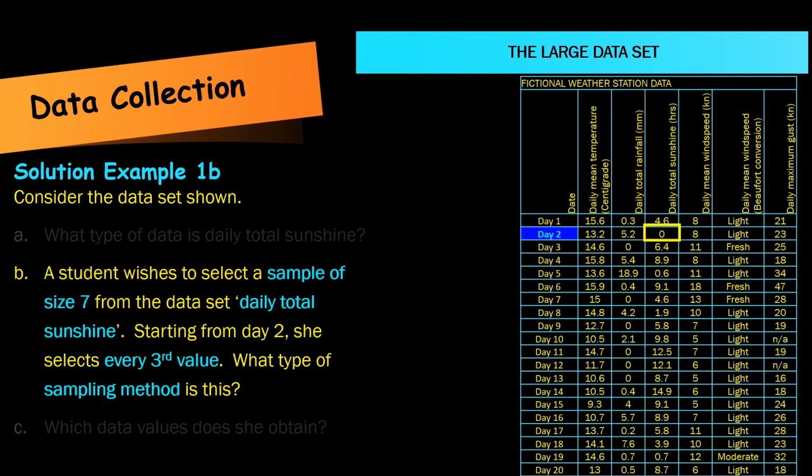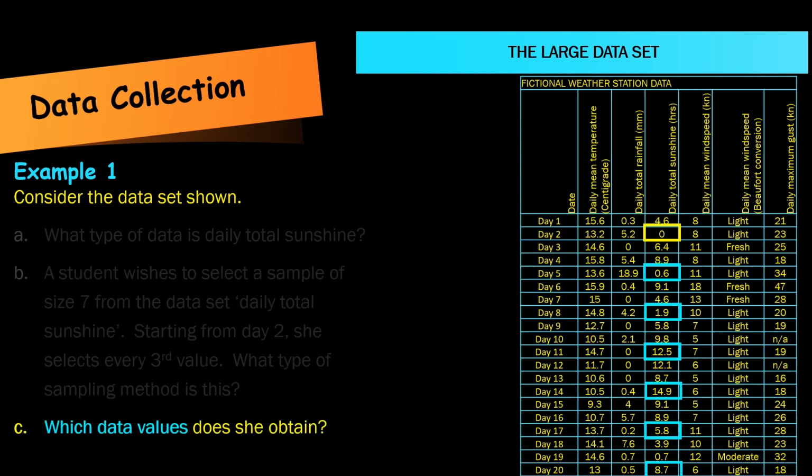We start at day 2 and then select every third value. Here the 7 values which we have selected have been highlighted. Clearly, this is systematic sampling.